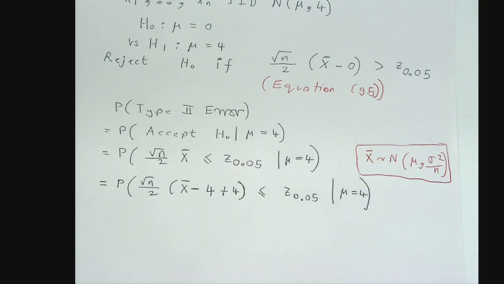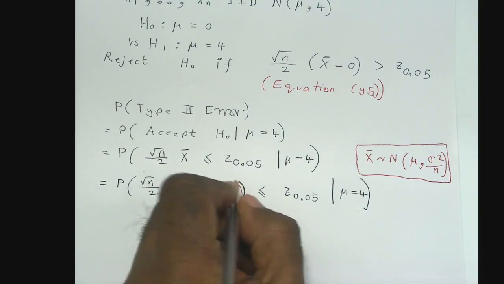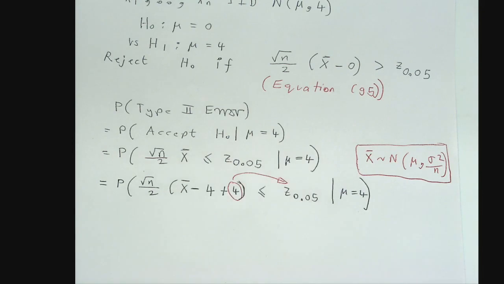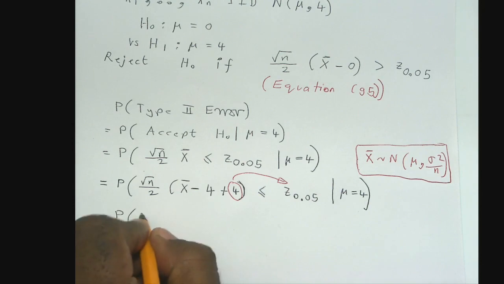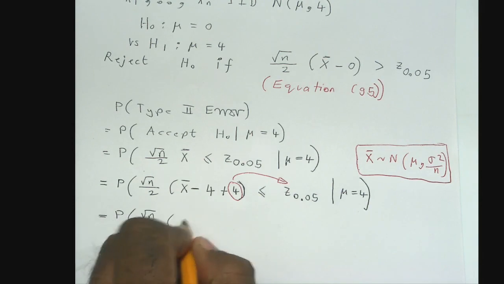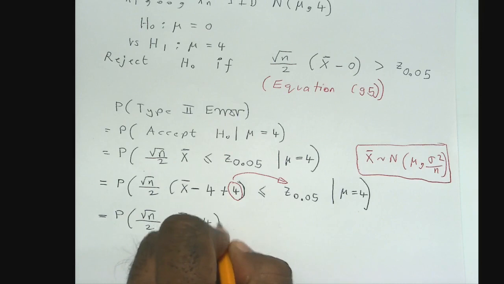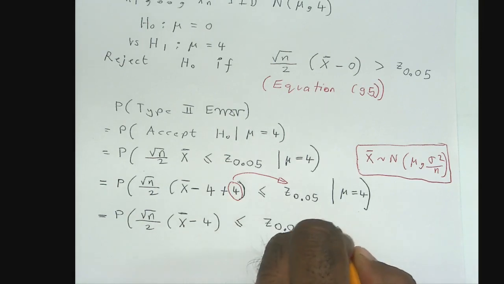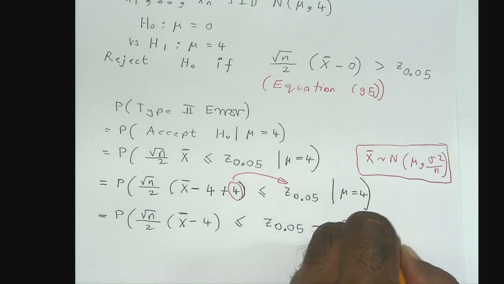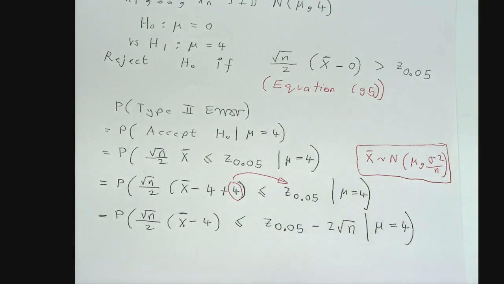That's why I'm doing this, right? And then I'm going to take this number here to the right hand side. If I take this to the right hand side, you will get this. You see, because the 4, when you divide by 2, it becomes 2 root n. So when you take it to the right hand side, it becomes minus 2 root n.